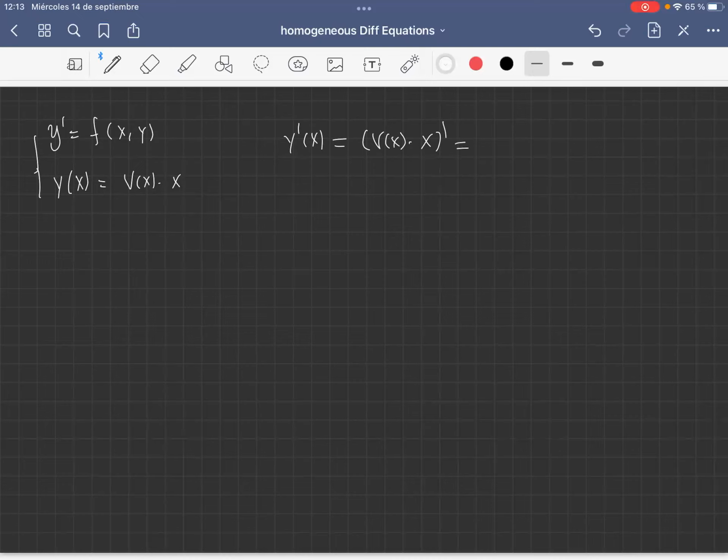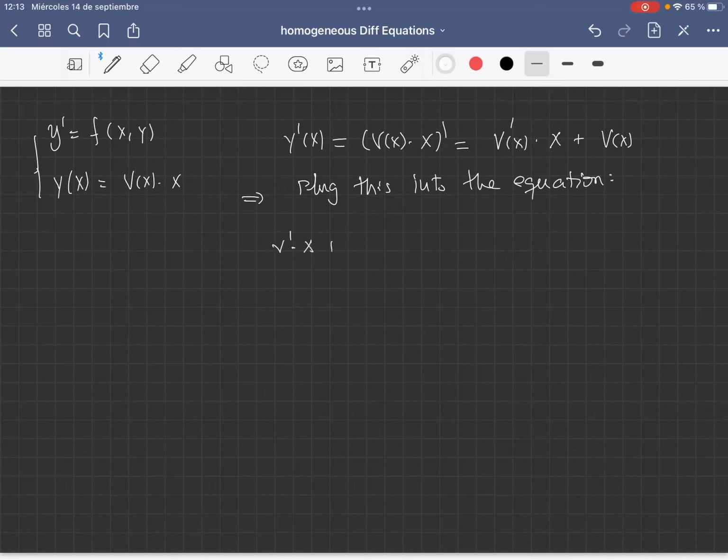By using the product rule, we have the derivative of the first, times the second without derivation, plus v without derivative, times the derivative of x. So plug this into the equation and you'll get v prime times x plus v equals a function f of x, and where y was, we will have to put v times x.